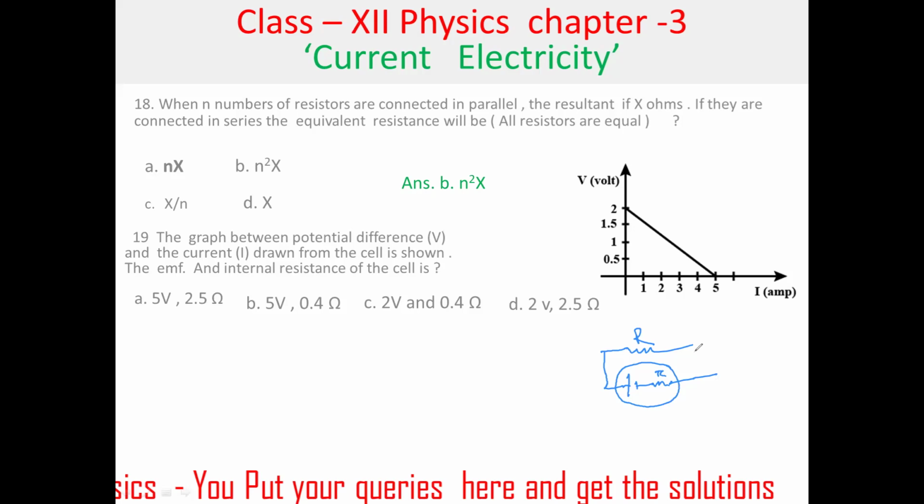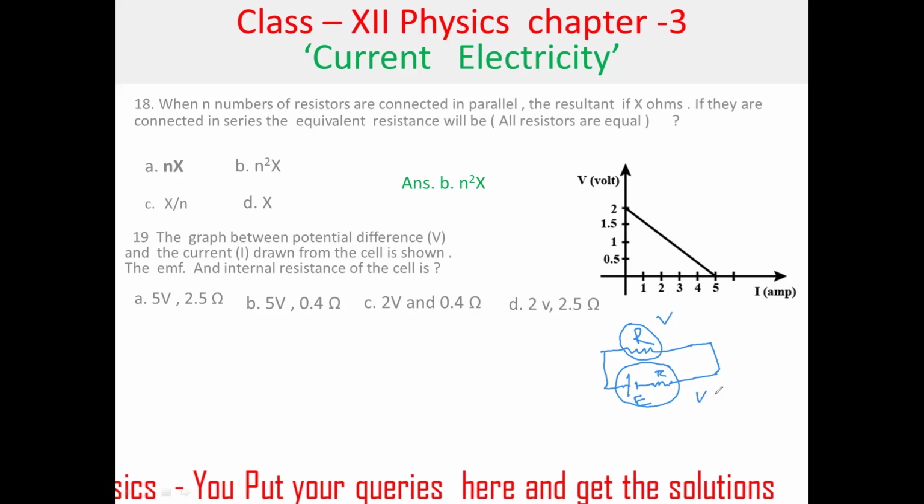We should count this also. So if this is the circuit, okay, if this is the EMF E, this is the internal resistance, and the voltage against this R is V. So this kind of combination, we have done this in 10th class also.